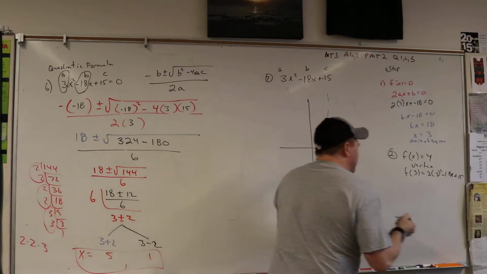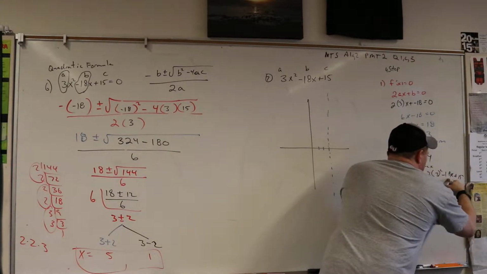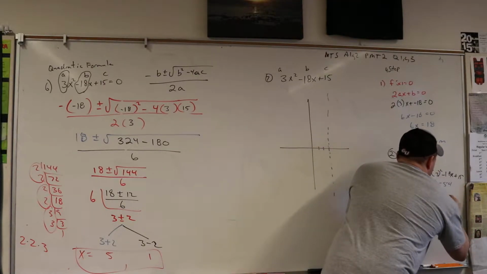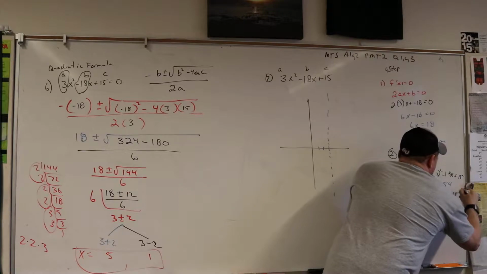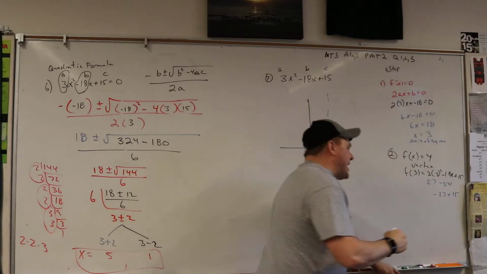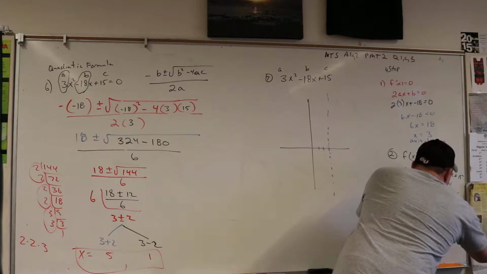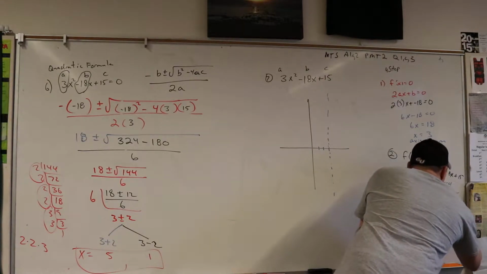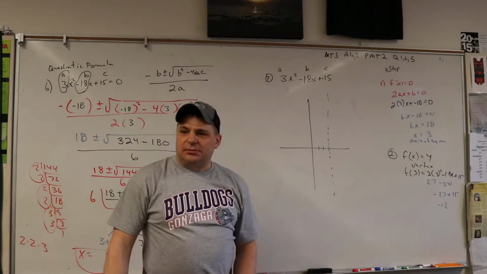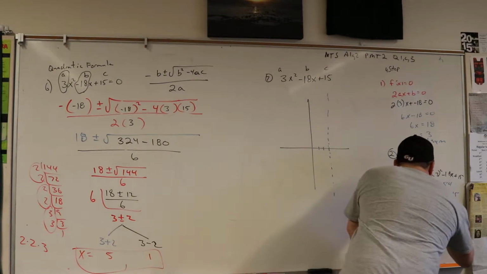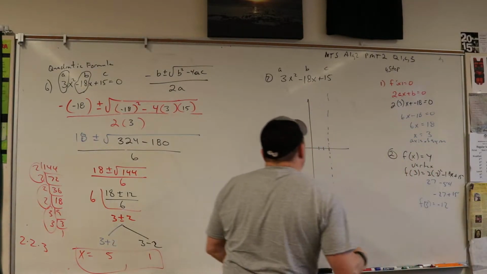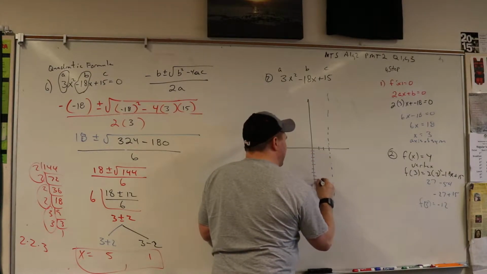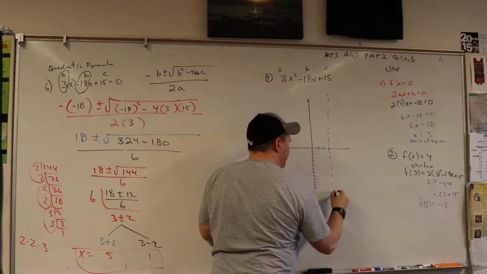That's 9 times 3 is 27, twice as big is 54, minus 54 plus 15, which puts us at negative 12. So at f of 3, it's 1, 2, 3, up to negative 12.